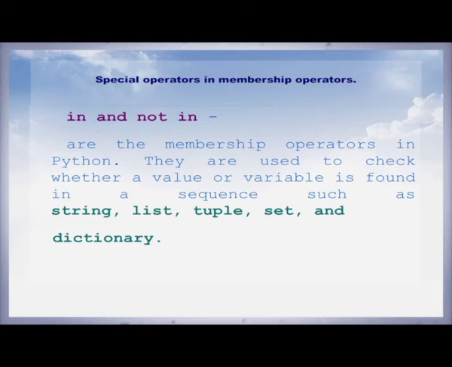The next type of special operator is the membership operator. In and not in are the membership operators in Python. They are used to check whether a value or variable is found in a sequence such as string, list, tuple, set and dictionary.